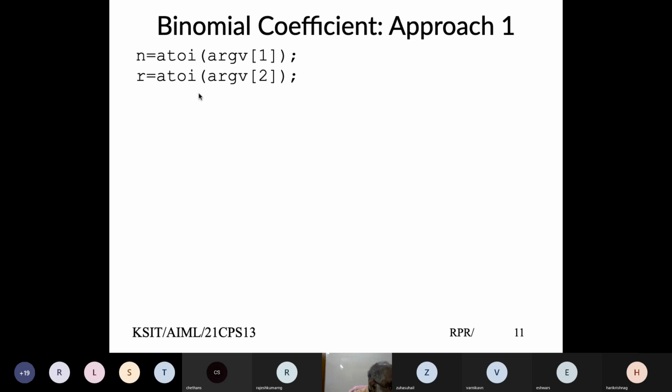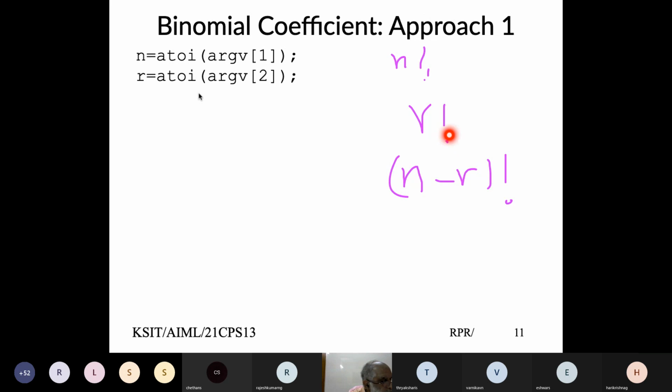In this first approach, we first need to compute factorial N, we need to compute factorial R, and we also need to compute factorial N minus R using our loop. In this case, we have to do N multiplications. In this case, we have to do R multiplications.